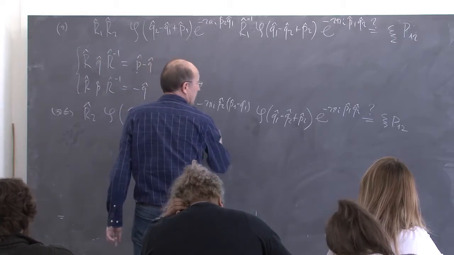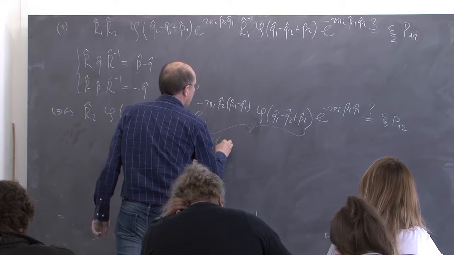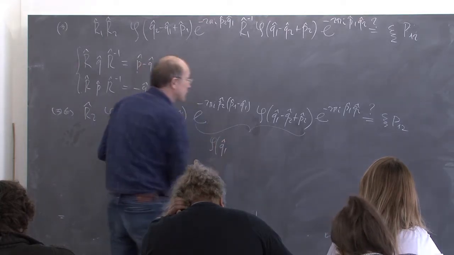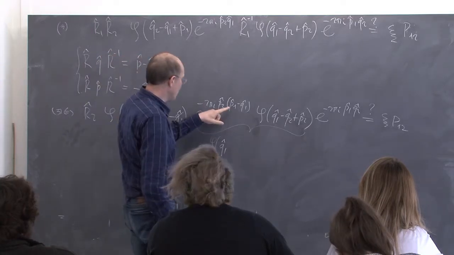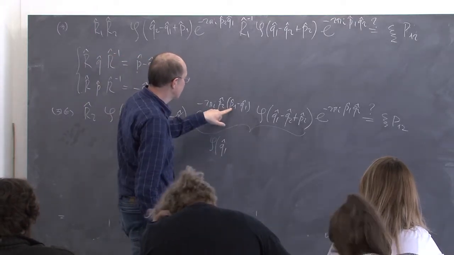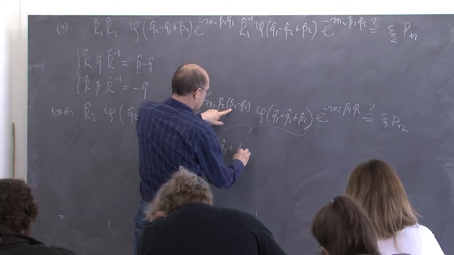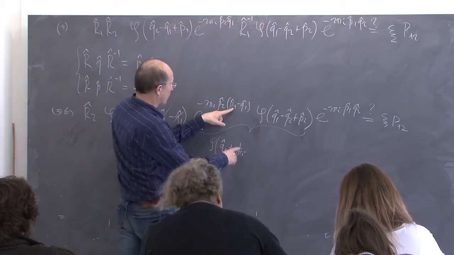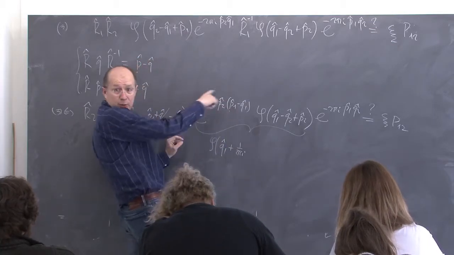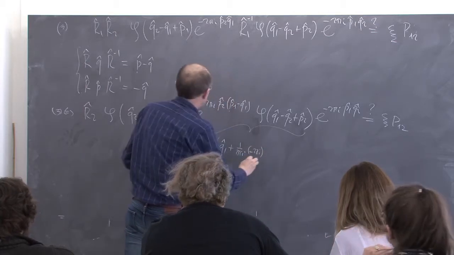So what does this become? Phi of Q1 hat, how does it change? Q1 we have to commute with this. P1 commutes with Q1, produces 1 over 2 pi i, and we have to put the multiplication factor, minus 2 pi i, P2.